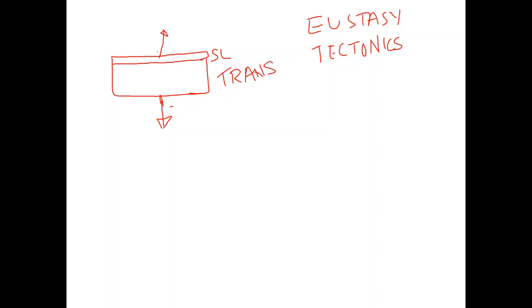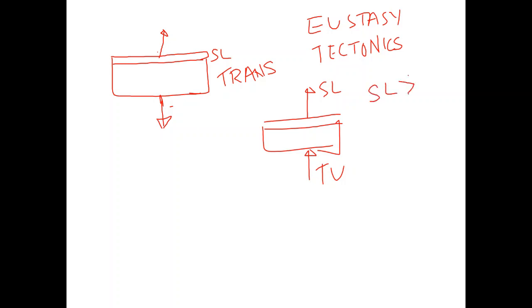When the sea level starts to rise, but at the same time the basin also starts to uplift. So this is the sea level which is rising, and this is the tectonic uplift. Now what will happen over here? There are two scenarios. If the rate of sea level rise is greater than tectonic uplift, then it will be a transgression.